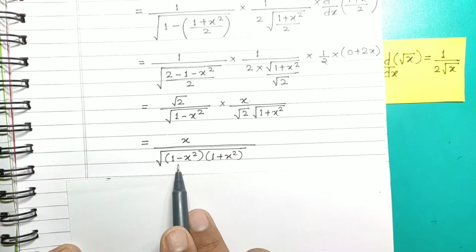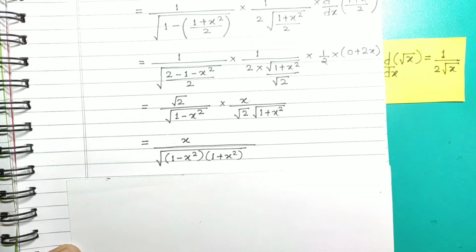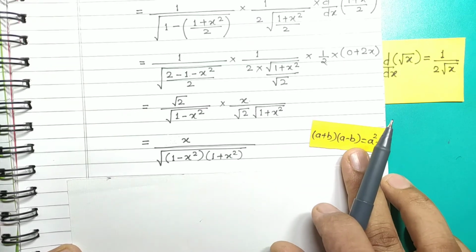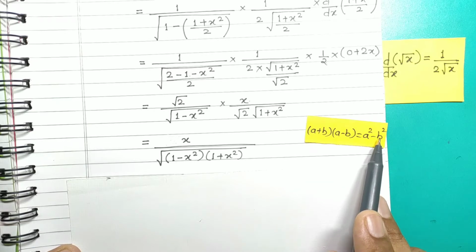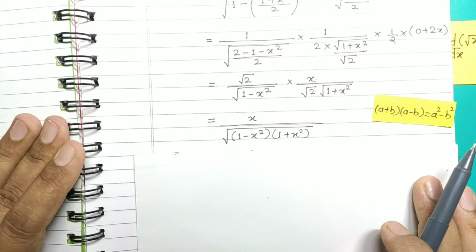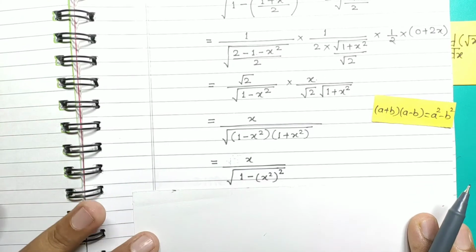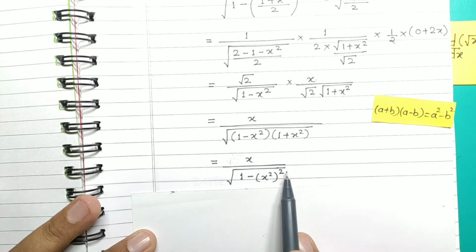So here these two terms in the denominator in the root are like this algebraic formula: (a plus b) into (a minus b) is equal to a square minus b square. So using this expansion, we can write these two terms as, see, 1 square is 1 and x square, its square.